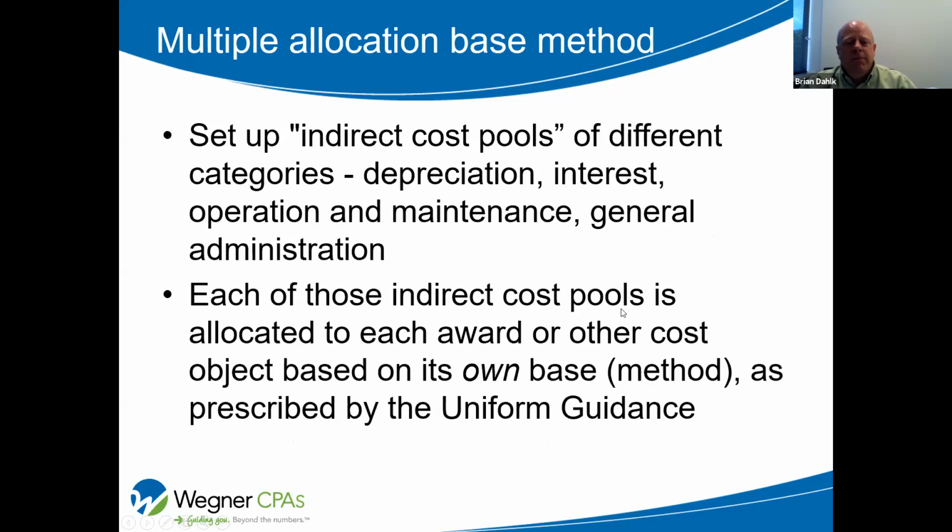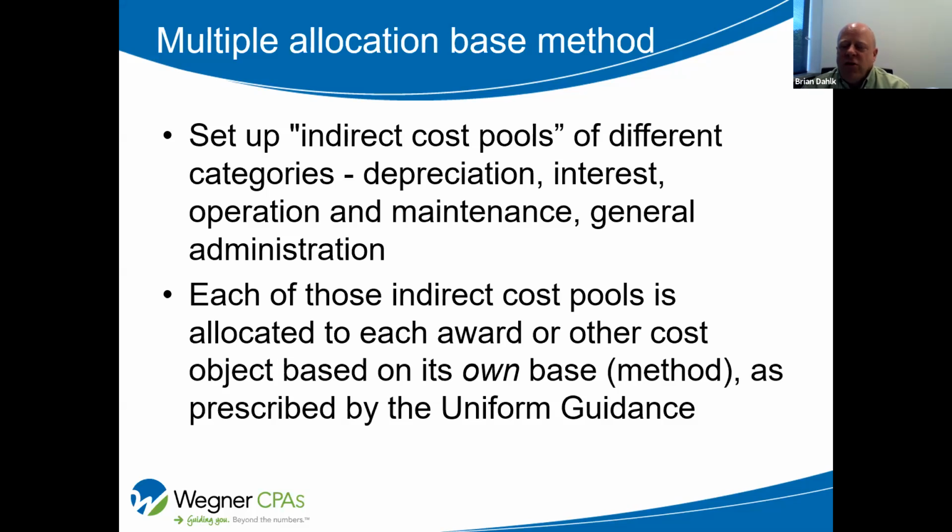You might be in a situation where you have to use a multiple allocation-based method because, for example, the indirect costs are not benefiting each category by approximately the same amount. So you want to use a different method, such as the multiple allocation-based method. This basically says that you put your indirect costs into two or more different indirect cost categories or pools.